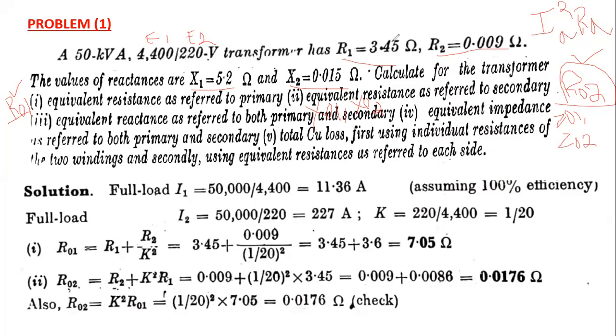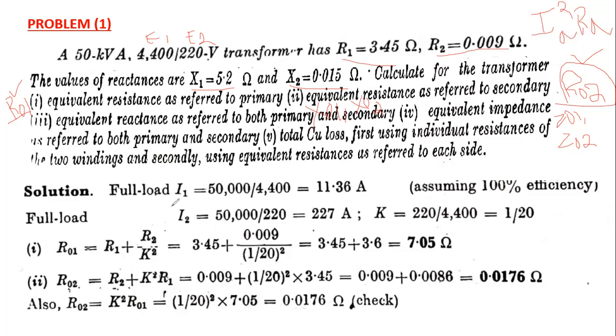Resistances R1 is equal to 3.45 and R2 is equal to 0.09, and reactances X1 is equal to 5.2 and X2 is equal to 0.15 ohms. Calculate for the transformer R01, R02, X01, X02, Z01, Z02 and the copper losses, that is I² R.